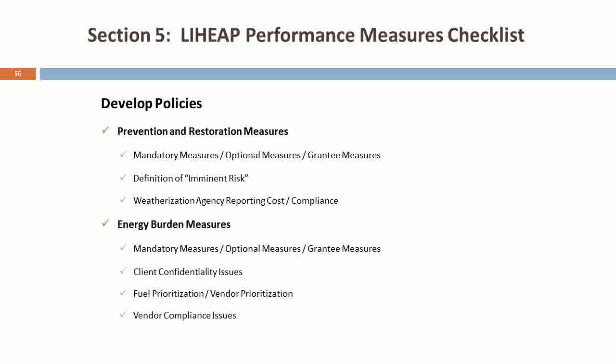And then weatherization agency reporting cost and compliance, and this applies to both, and Nick will talk about it as well, but what do you do when a utility or a vendor or your weatherization agency says, too bad, so sad, we're not giving you the data? There are some decisions you need to make at a state level about how to deal with that and what the policy is for dealing with folks that don't want to give you data.